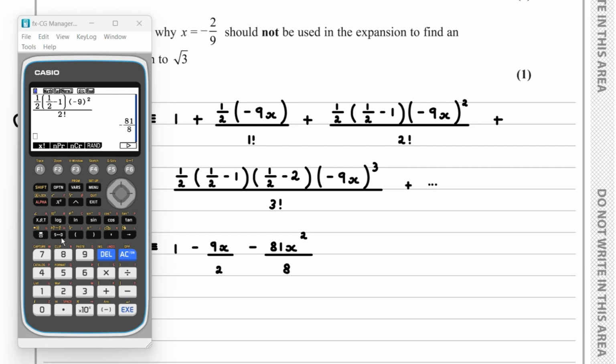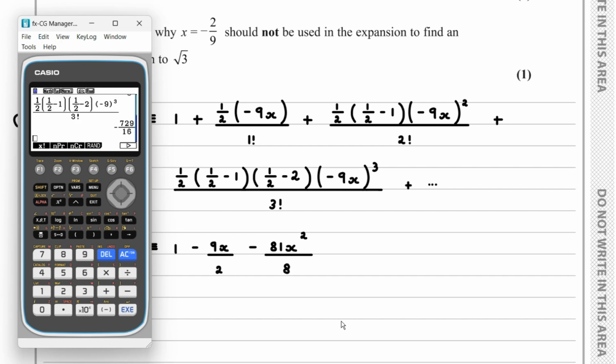And for the fourth term, we have 1/2 multiplied by (1/2 subtract 1) multiplied by (1/2 subtract 2) multiplied by negative 9x cubed over 3 factorial.